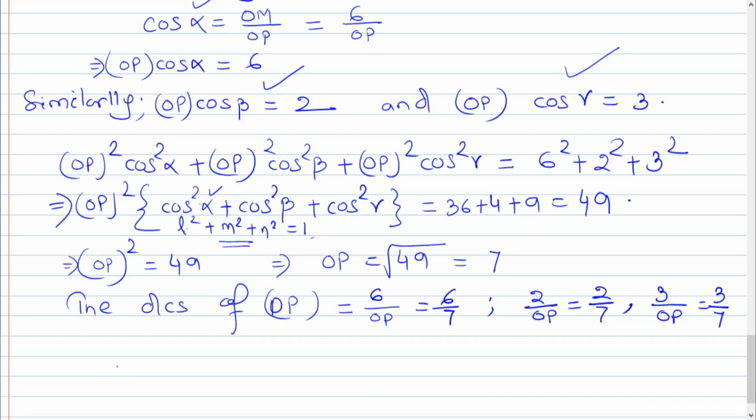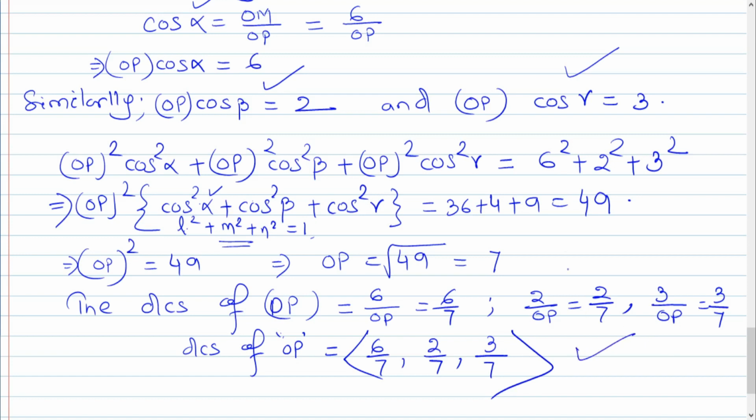So you can write the DCs of OP as 6 by 7, 2 by 7, 3 by 7, inside the less than greater than symbol. So the DCs we have already found, and the length of OP.